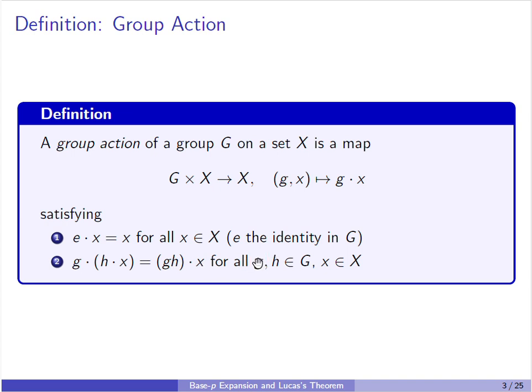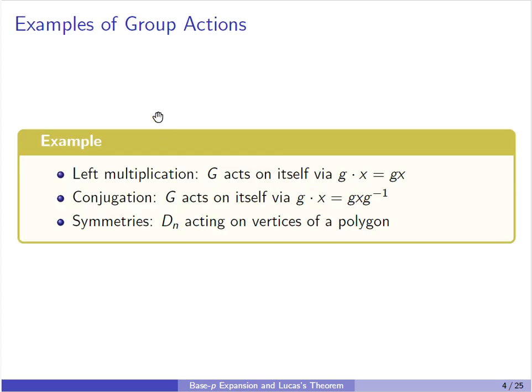And this is true for all g, h in G and x in X. So again, whether you combine g and h in the group first, and then act on x, the result is the same as first acting with h, and then acting with g on whatever you get, which is an element of X. So if you have such a map satisfying these conditions, then we say that the group acts on the set X. So let's do some examples.